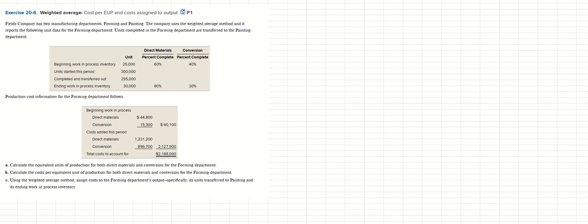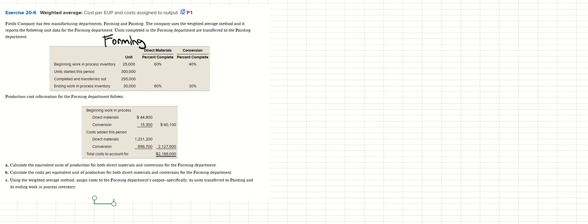The company uses the weighted average method and it reports the following unit data for the forming department. This means that the data you see here is coming from the forming department.